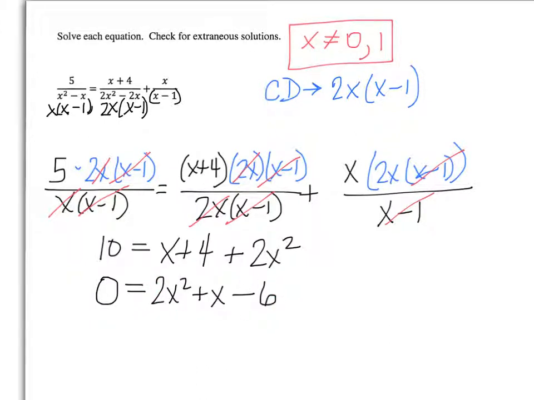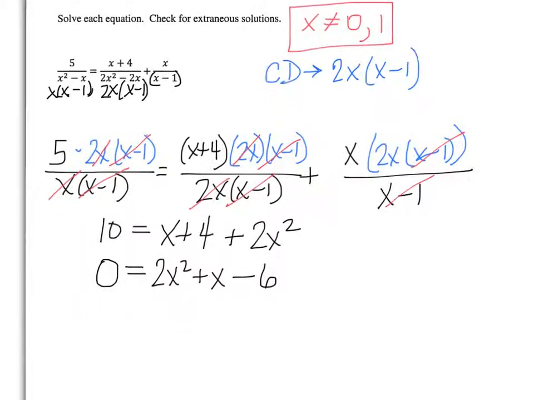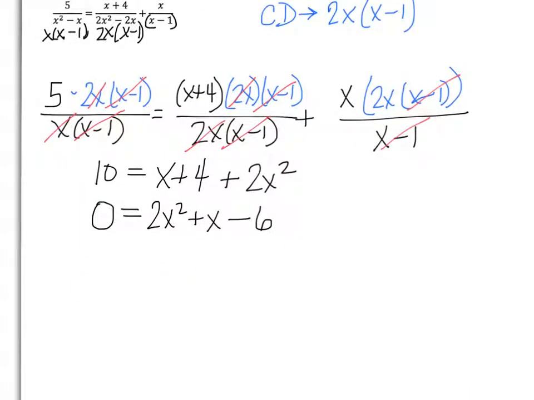Through factoring I do the MA method: 2 times minus 6, numbers that multiply to minus 12 and add to 1. Let me do it the long way here. Those numbers are 4 and minus 3. That's 2x squared plus 4x minus 3x minus 6.